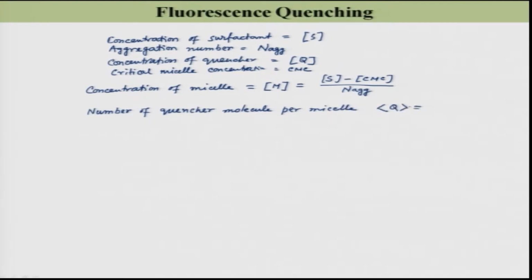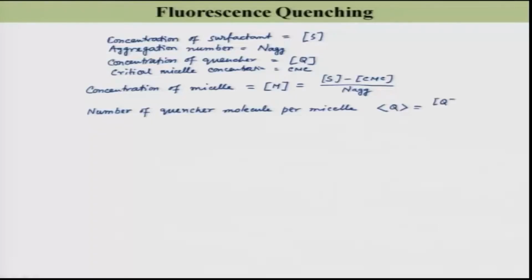This is nothing but the concentration of Q, the concentration of the quencher, divided by the concentration of micelle, and that is going to be the average. It is not necessarily that all these micelles will have that exact number of quenchers, but that is my average, right. So, I will simply write here concentration of Q divided by this M, and I know how to write this probability.